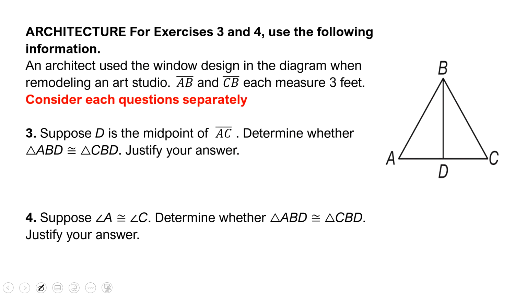So here are some examples I want you to try. It ties it all together. Are the two triangles that they're asking about, with the information they're given, congruent? If they are, state why. Which postulate did you use? Side side side, side angle side, angle side angle, or angle angle side.